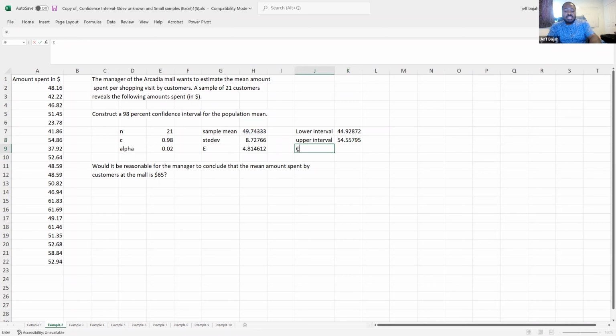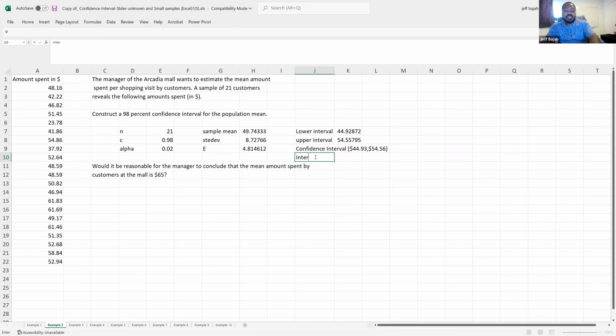So now we're told to create our confidence interval, right? So we have done that, and we know that it's going to be $44.93 and $54.56. And we can interpret our results, right?